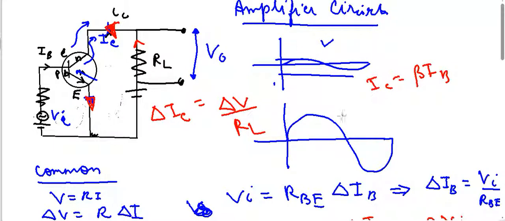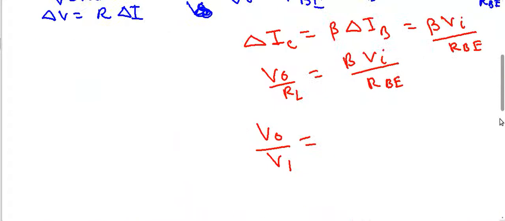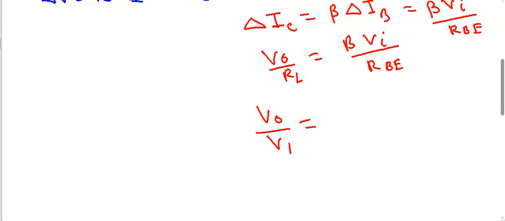We have come to the actual thing we are trying to find out. So V naught by Vi will be equal to, if I rearrange this term, beta times RL by RBE.